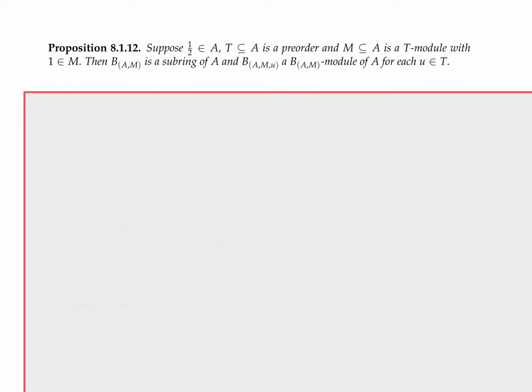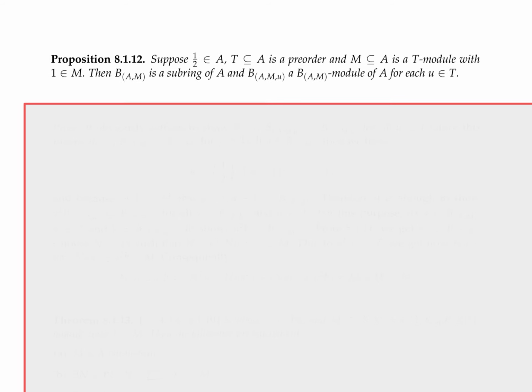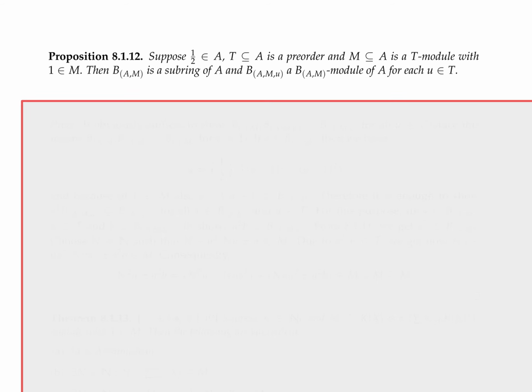And let T be a preorder in A. For example, it could be the smallest preorder that exists, namely the sums of squares. And let M be a T-module containing 1. So, for example, T could be again the sums of squares, when M would be a sums of squares module containing 1. Later on, we will call such a thing a quadratic module.